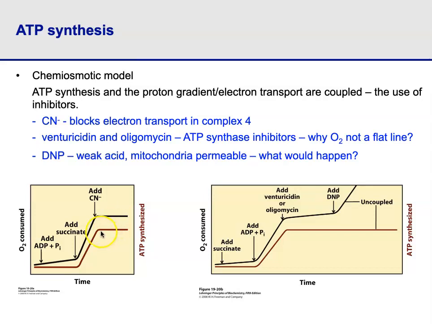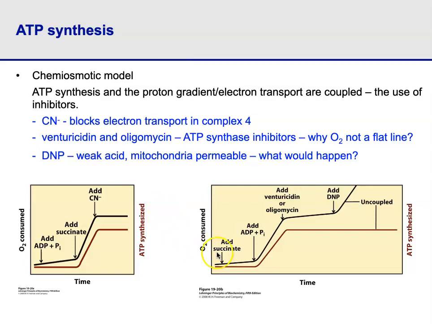But interestingly, ATP synthesis stops as well. I would have expected that it would stop a little bit later because there's still some residual proton gradient, but regardless, the point is demonstrated that ATP synthesis stops as well, even though we're not affecting ATP synthesis directly. That means that these two processes, oxygen consumption and ATP synthesis, are connected.